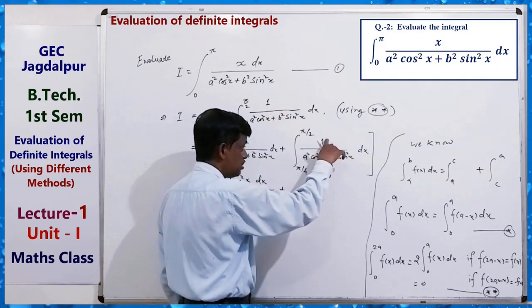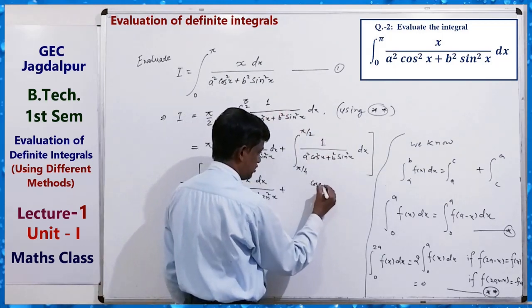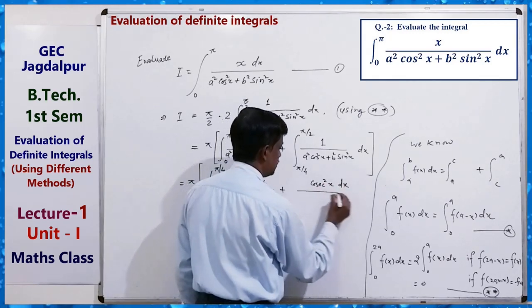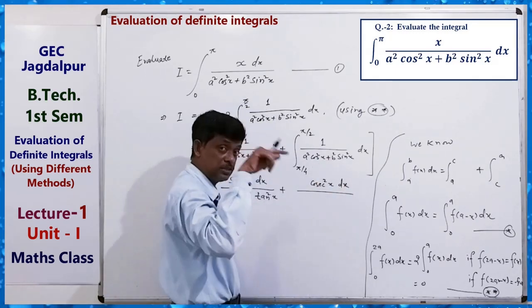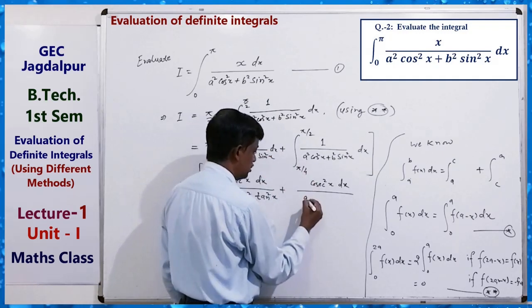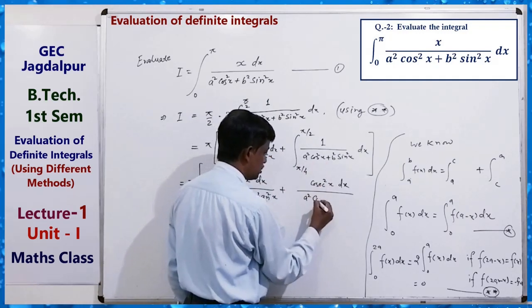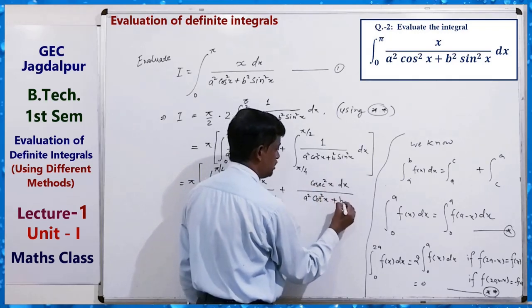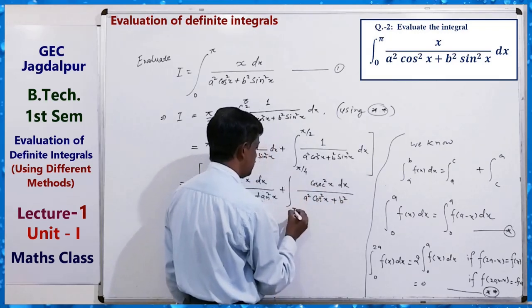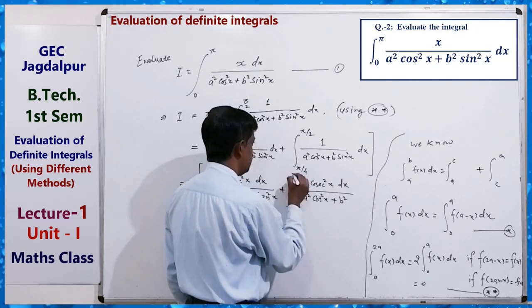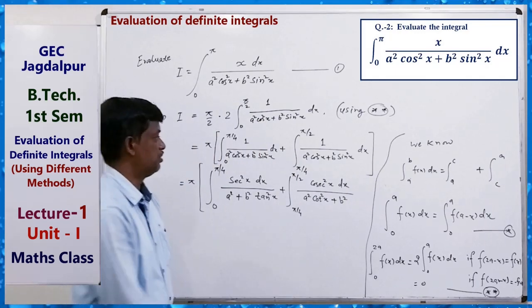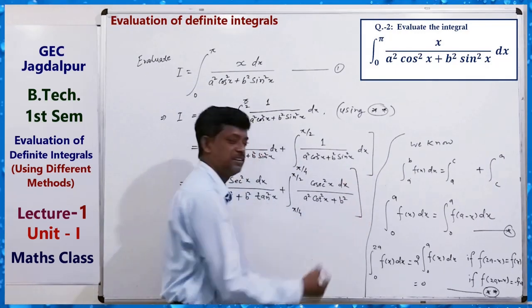So 1 by sin square is cosec square x dx upon, here by sin square, so a square cos by sin is cot square, plus b square, and limit pi by 4 to pi by 4. Now we have to solve these two integrals.